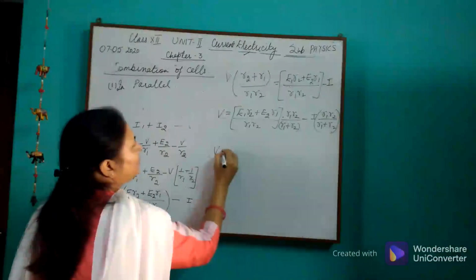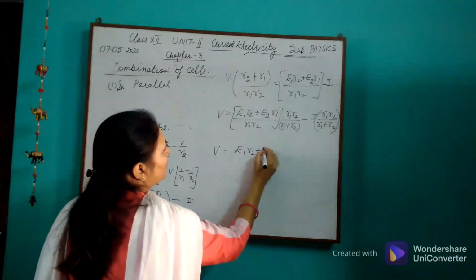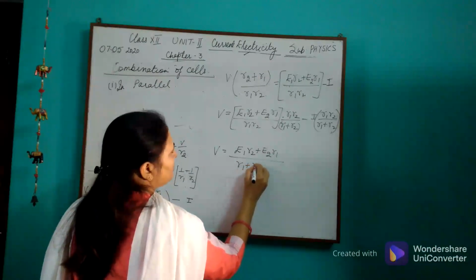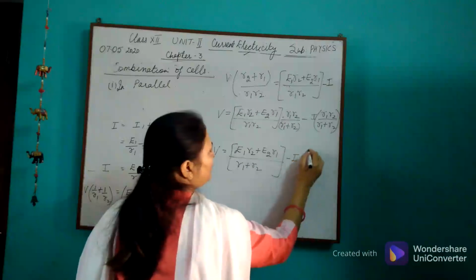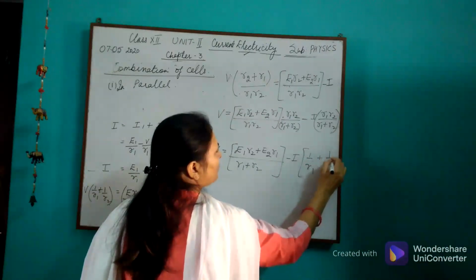This is further giving me E1 R2 plus E2 R1 upon R1 plus R2 minus I times 1 upon R1 plus 1 upon R2.